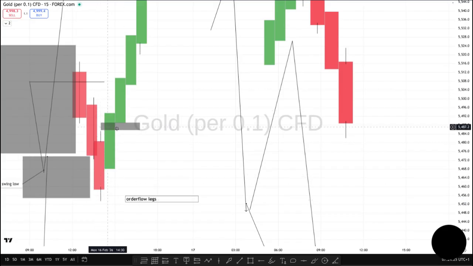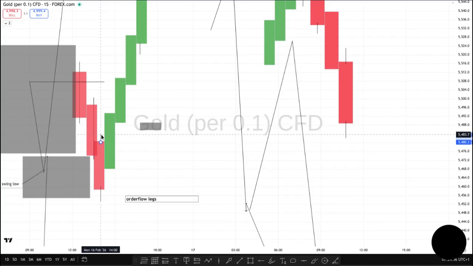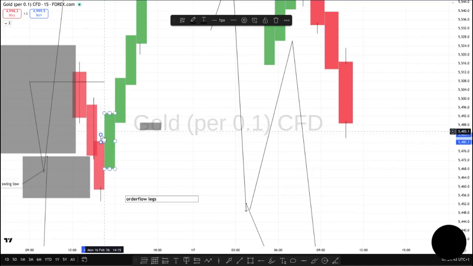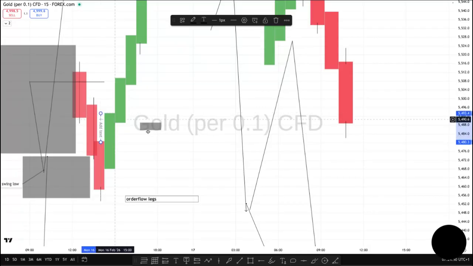Is there a space on candle 2? For a fair value gap to be valid, there has to be a space behind candle 2 that candle 1 has not covered. If you see the wick of candle 1 here, candle 1 and its wick did not cover the entirety of candle 2 behind it. If the wick or the body of the candle had covered the entire part, it would not be possible to have a fair value gap here anymore.